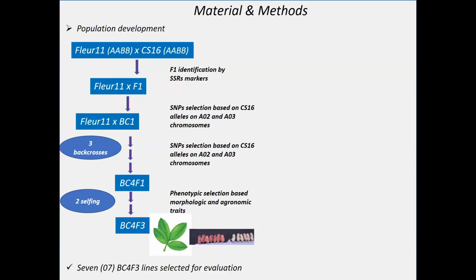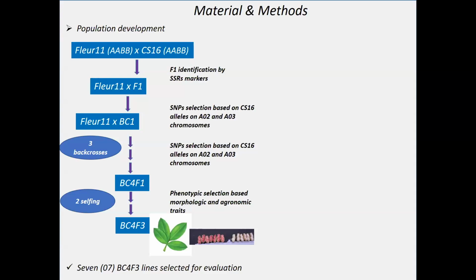These BC1 were advanced by 3 consecutive backcross steps. At each step, we repeated the same exercise, meaning genotyping with the same set of SNP markers and selection of the individuals carrying the CS16 fragment.